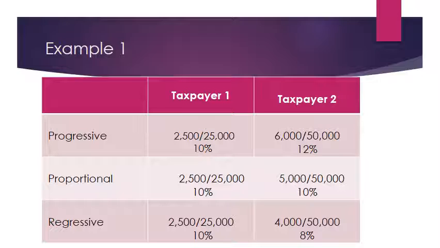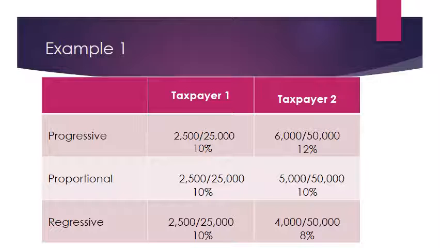The third scenario, looking at the last row: taxpayer 1 still pays £2,500 from his income, whereas taxpayer 2 in this scenario only pays £4,000 in taxes. So taxpayer 1 would still be paying 10% of his income as tax. 2,500 divided by 25,000 is again 10%.